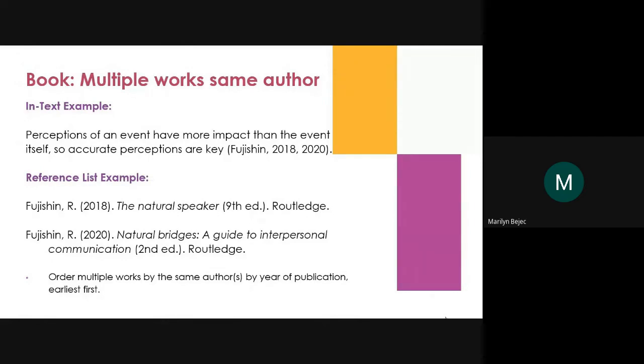Then you have here the same author, and then the year 2020, and the title of his book in italic format, and then the copyright year. So order multiple works by the same author by year of publication, earliest first.